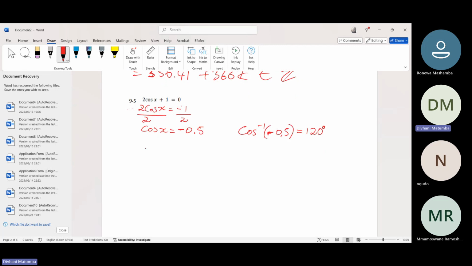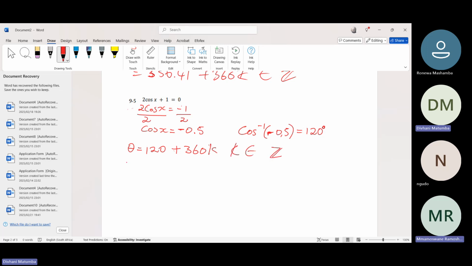So our general equation will be, we are dealing with a cos, so the angle will be 120, you agree? Plus 360 k, where k is the element of all integers.